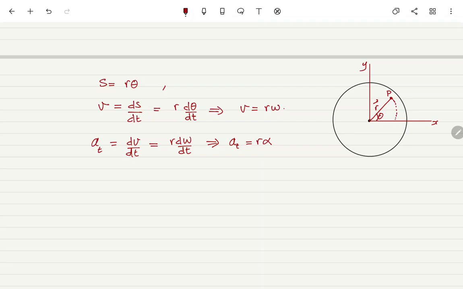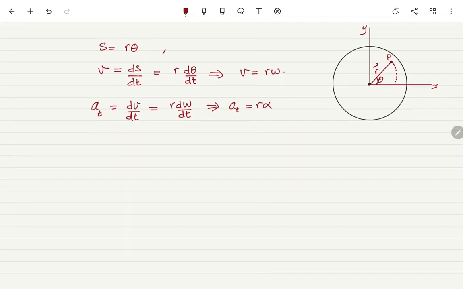And since there is a rotational object here, there is a radial acceleration, or central acceleration, defined as a central equal to v square over r, or r omega square. Because we have two types of acceleration, tangential and radial, the magnitude of the total acceleration A is given by the square root of a tangent square plus a radial square.